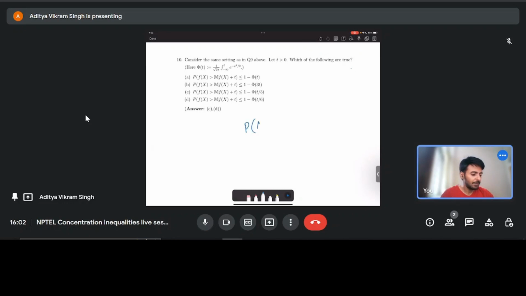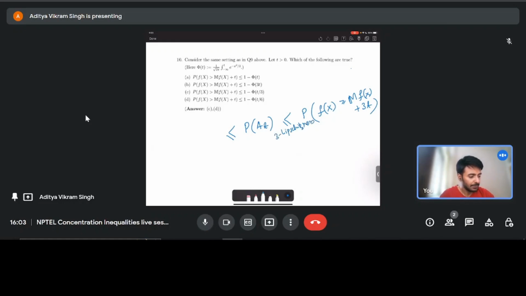We had inequalities on both sides. First of all, we had this probability of A_t is less than or equal to the probability that f(x) is greater than or equal to the median of f(x) plus t, plus 3t. This came from Lipschitzness.